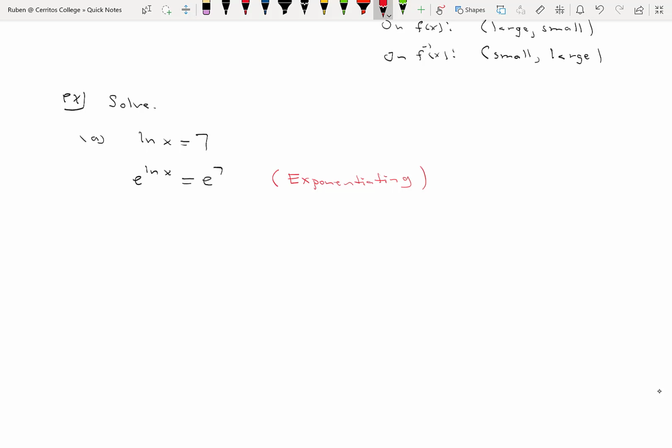In this case, the base of our natural logarithm is e, and e and natural log are inverse functions, so they cancel each other out. So x then equals e to the 7th. The calculator estimates that as approximately 1096.63.